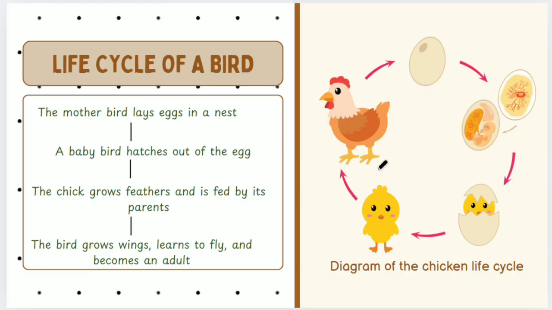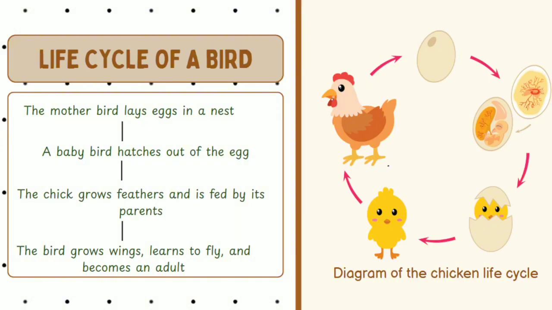So the first thing that happens is this is an adult bird. So what does this adult bird do? This adult bird lays an egg. Where does it lay the egg?